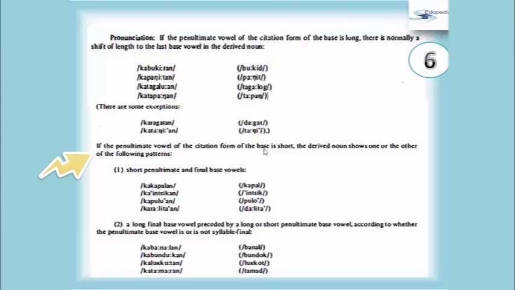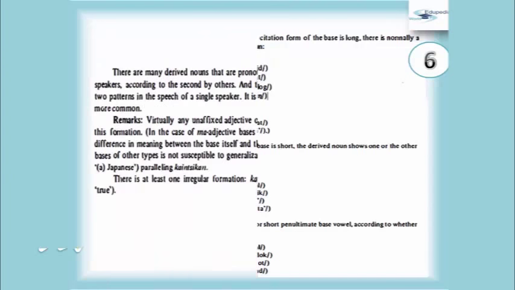If the penultimate vowel of the citation form of the base is short, the derived noun shows one of the following patterns: first, short penultimate and final base vowels, and second, a long final base vowel preceded by a long or short penultimate base vowel, according to whether the penultimate base vowel is or is not syllable final.